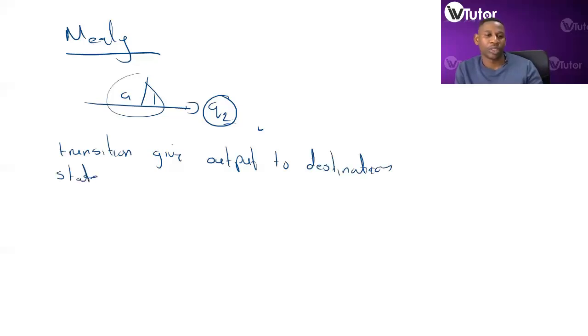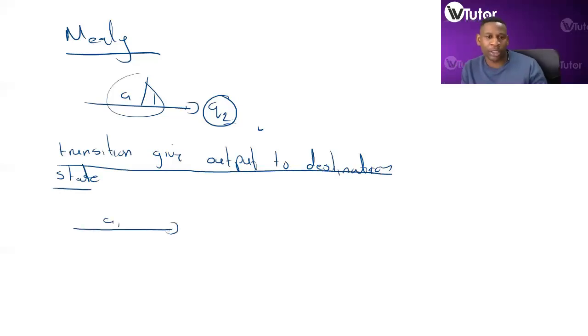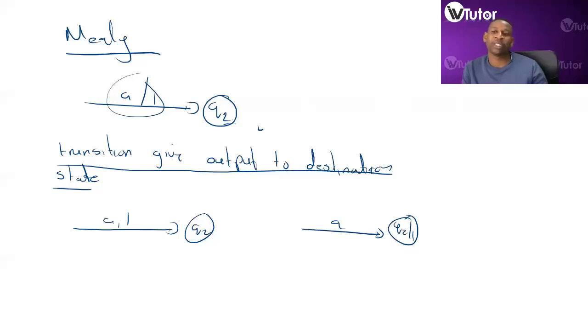Now, if we look at this, we can have the following. If you've got an A and a 1, and then Q2, we're saying this will become A, Q2, and a 1, which should be relatively simple.